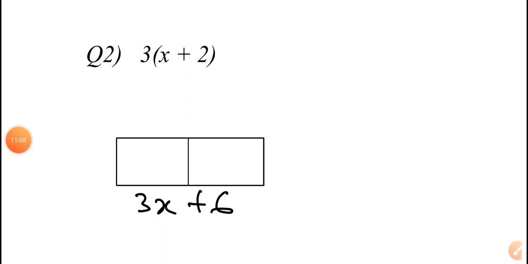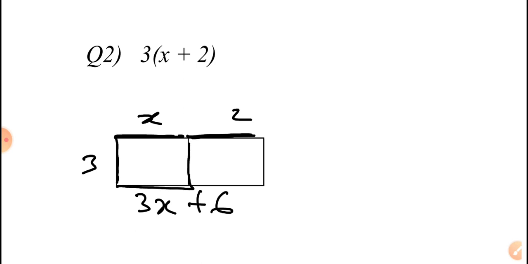The other way to look at it is to pretend that this length here is 3, this length here is x, and this length here is 2. So to work out the area of this rectangle here, I'm going to do 3 times x, which is 3x. And the length of that line from there to there is 2, but we know that this is 3, same as this.